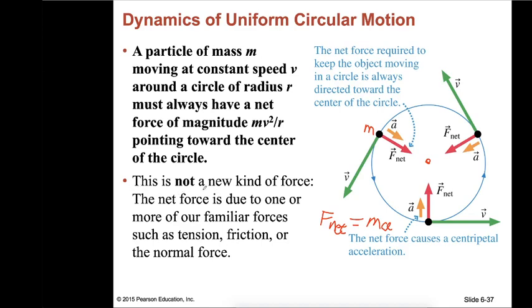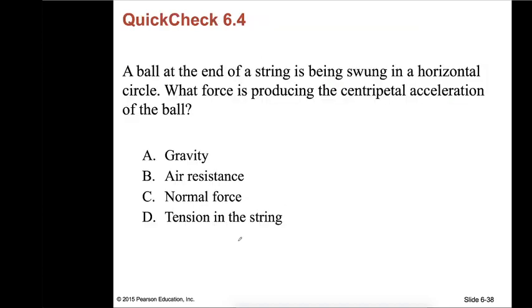And this force is not a new kind of force. The net force is due to one or more of our familiar forces such as tension, friction, or normal force. Okay, now let's see some examples. A ball at the end of a string is being swung in a horizontal circle. So what force is producing the centripetal acceleration of the ball?